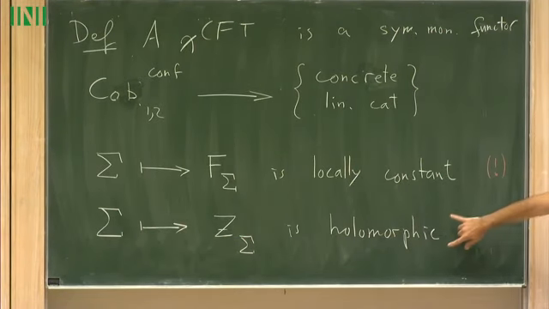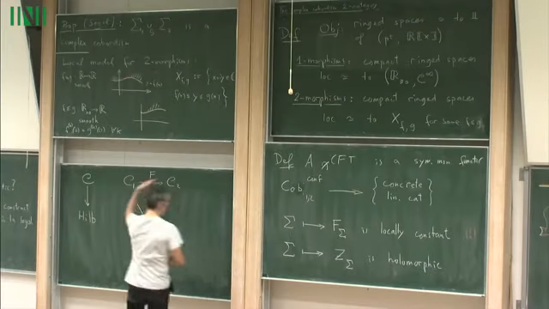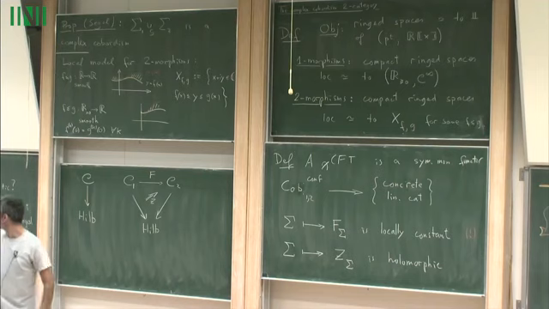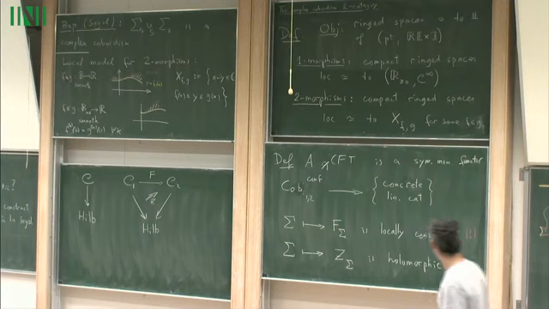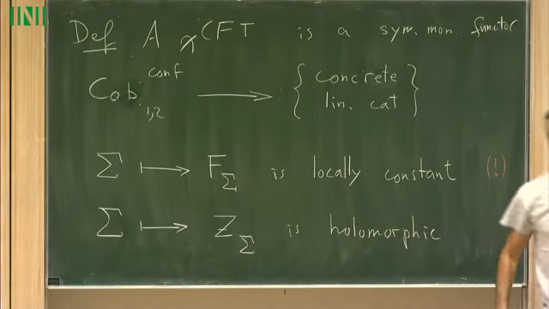So it's a bit tricky to say what this means. This is a map from the moduli space of all cobordisms to the set of all linear maps between Hilbert spaces, essentially. So you want that to be a holomorphic assignment. Great. So that's a chiral CFT. And just for the record, for the full CFT, you would replace this by just a category of vector spaces, and you would drop the holomorphicity assumption.